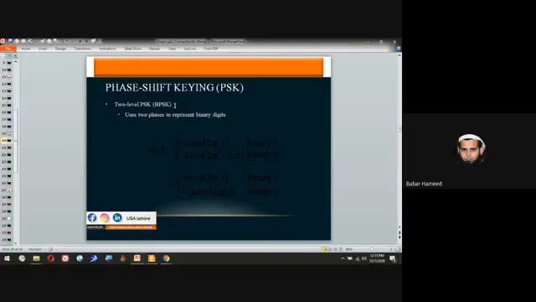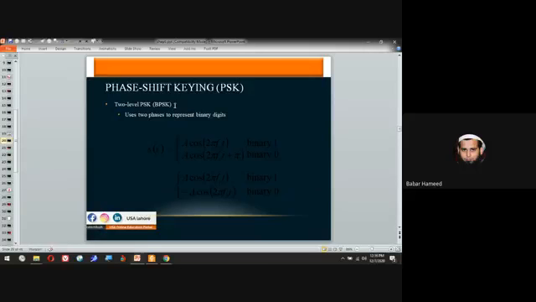Basically, there are two levels in data. So basic level PSK is two level PSK. It is the simplest scheme that is implemented using phase shift keying. So it uses two phases to represent two binary signals, and it is also known as binary phase shift keying.